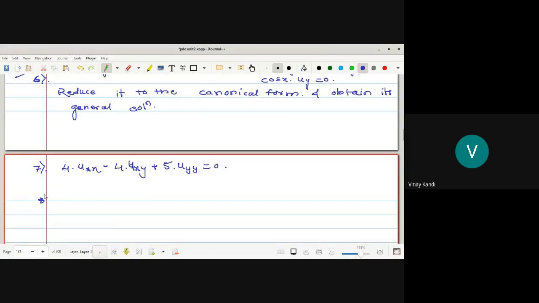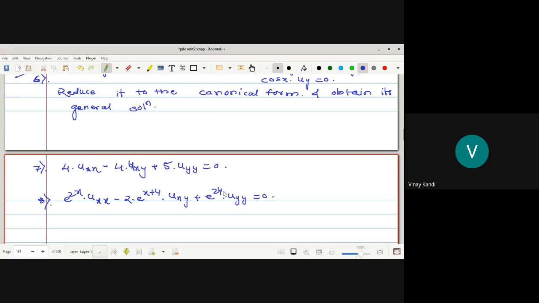Eighth one. e raised to 2x into u xx minus 2 into e raised to x plus y into u xy plus e raised to 2y into u yy is equal to 0. Okay, solve these 3 examples as homework.